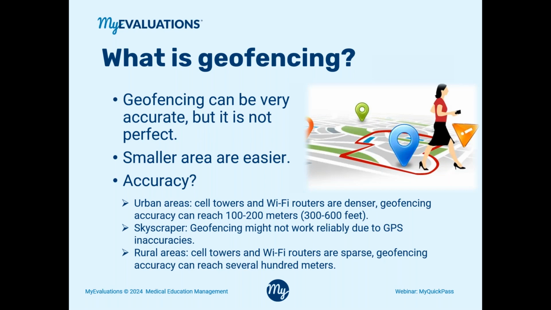I can't get any GPS location, so I have to actually start looking at street signs to find my way around. Now, when you get out into more rural areas where cell towers and Wi-Fi routers are more sparse, geofencing can be less accurate. So instead of it being 300 to 600 feet, it might be 1,000 feet, it might be 1,500 feet. There can be some variability on that in those more rural areas.